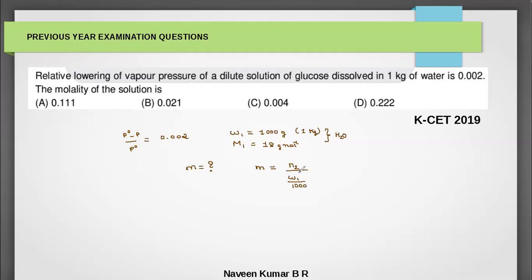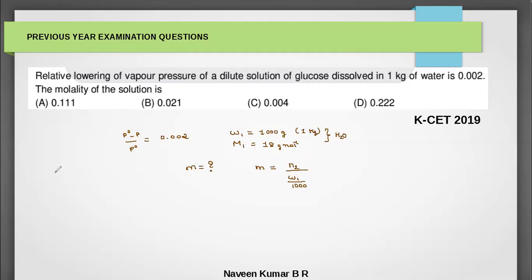We know the mass of solvent, so it is 1000 grams. And the number of moles of solute we can find by using relative lowering of vapor pressure, so then our solution will be done. So with this basic information, we'll look into the detailed solution now.